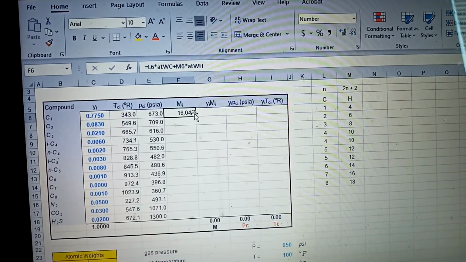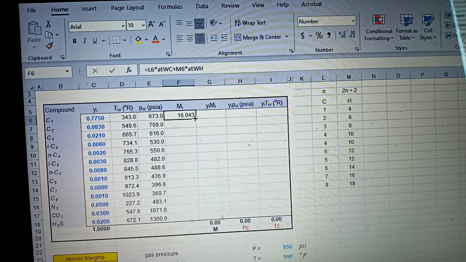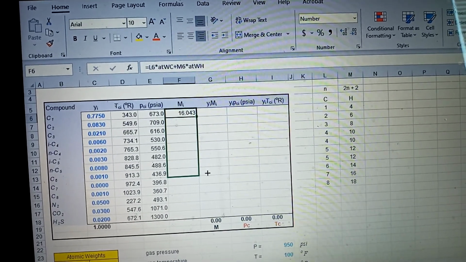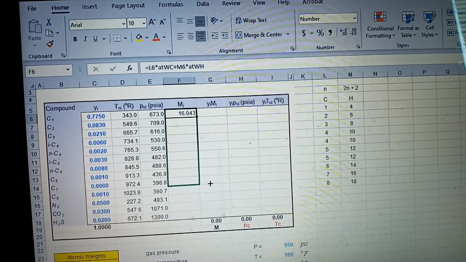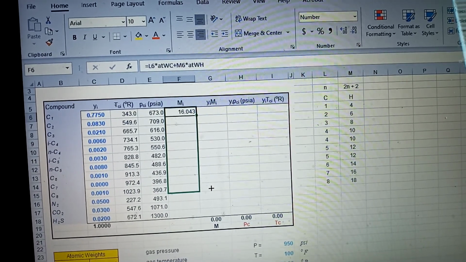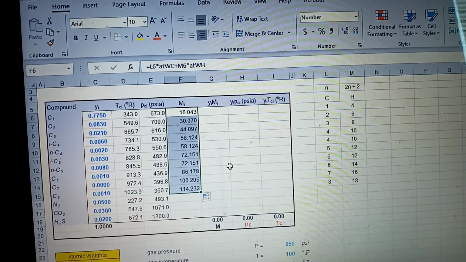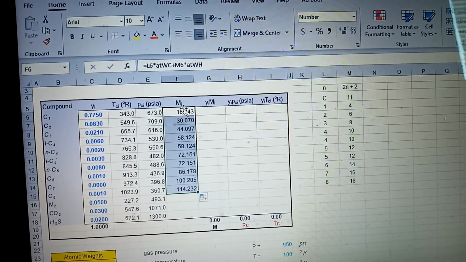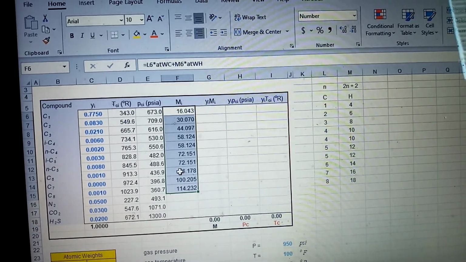I have to start over again. I want to grab and copy. Okay, so the hydrocarbon stop there. No, wait, one more. Okay, those are all the hydrocarbons. So I've calculated the molecular weight for all the hydrocarbons.